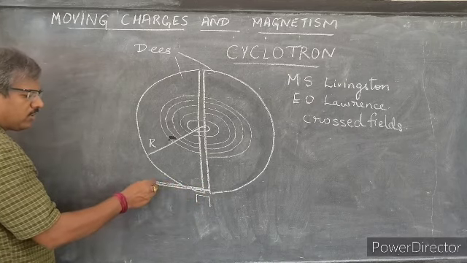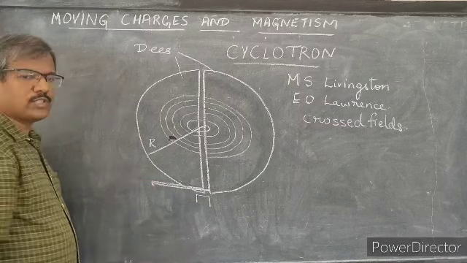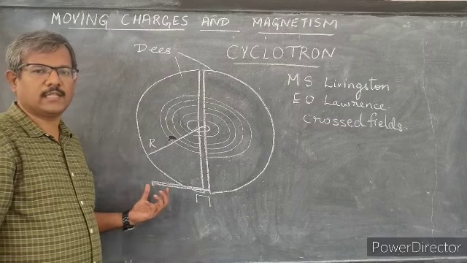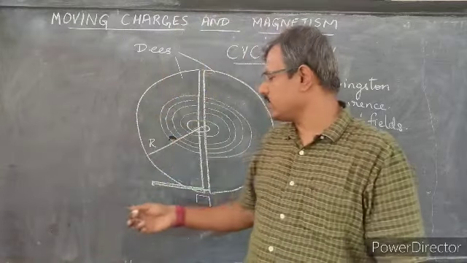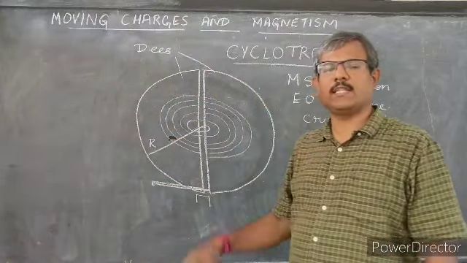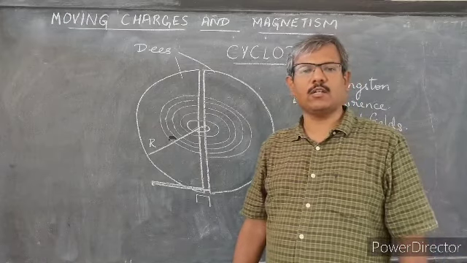We then use it for whatever scientific application the accelerated ion or charged particle needs to be used for. This is the basic principle on which a cyclotron works.